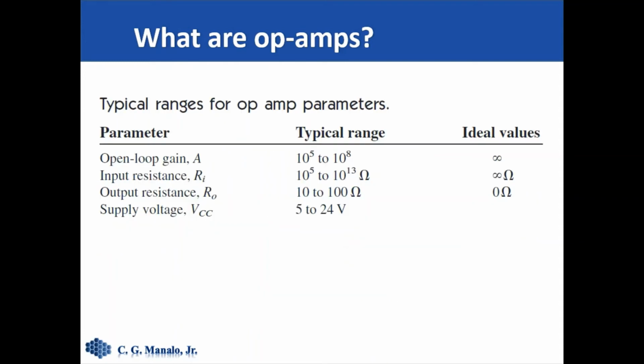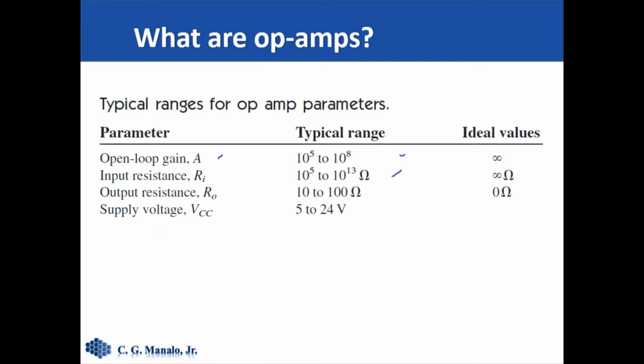These are the typical values for the different parameters of the equivalent circuits. For the open loop gain, this is usually very high and ranges from 10 to the fifth to 10 to the eighth. The input resistance is also very high, so it is given in this range.